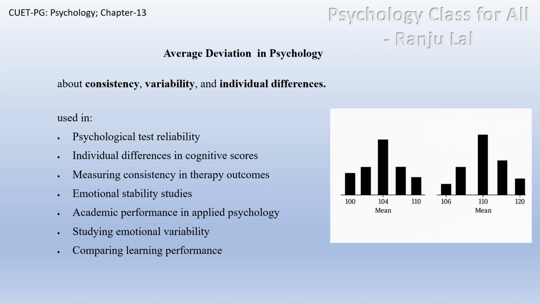There is a picture that shows two bar charts with the same mean but one spread out more. For example, two classes might have the same average motivation score, but one may have a higher AD, meaning less consistent motivation levels and more variability among students.